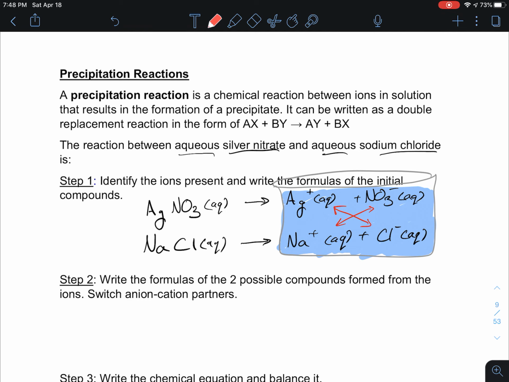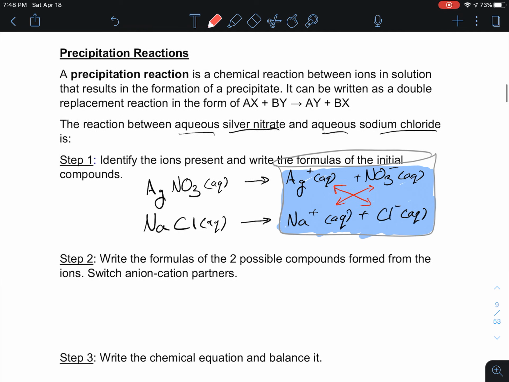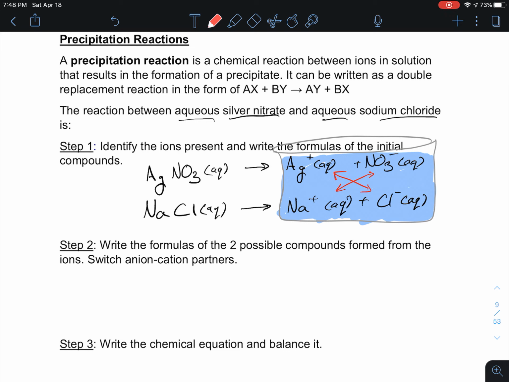So we're going to write the formulas of the two possible compounds formed from the ions. That means we could have Ag+ aqueous forming with Cl- aqueous, and that would give us a chemical reaction here. We are headed towards an equilibrium sort of situation, so let's put a little equilibrium symbol, and that could make AgCl.